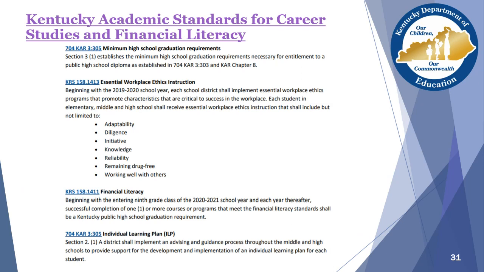So you can see that first one there, the minimum graduation requirements, played a role in this. Essential workplace and ethics instruction really drove the work that came along with updating those career studies. There's a new financial literacy component now that students have to take 1 or more courses that meet those financial literacy standards.